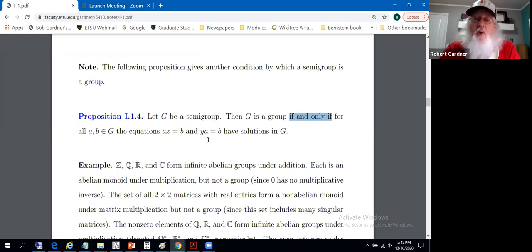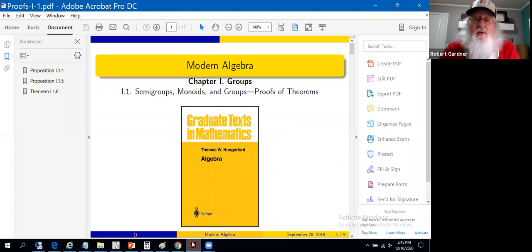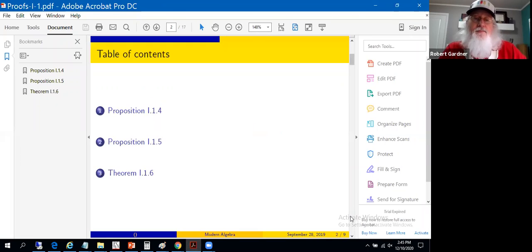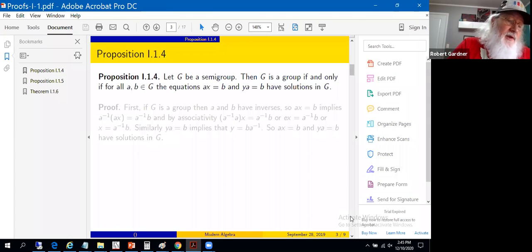We had stated before in a group, we know this kind of behavior holds. This time we're saying if this kind of behavior holds in a semigroup, then we in fact have a group. So let's look at a proof of that, going to the supplemental notes.